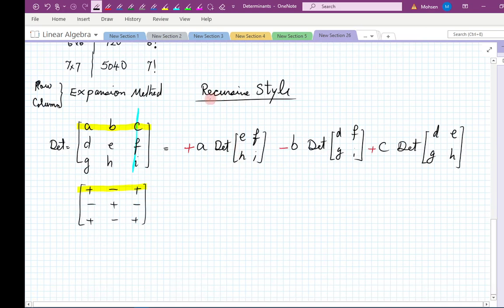Now I said this, the idea itself is actually more important than the formula. Recursive style. What does that mean? It means I'm trying to calculate something that is of size 3 by 3. It is being reduced to a bunch of calculations of 2 by 2s of the same creature. So a function wants to be calculated, it's calling on itself, but calling on a smaller version of itself.